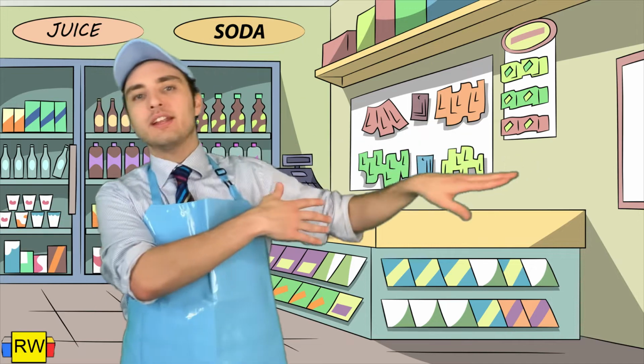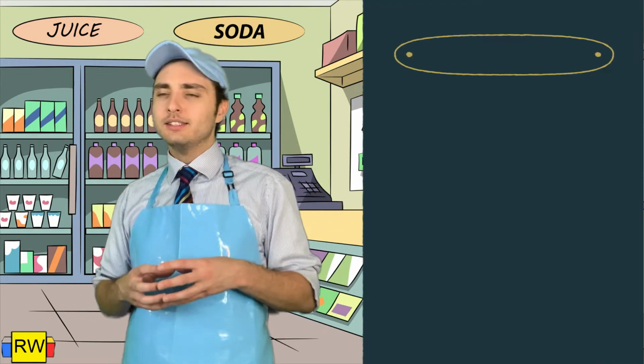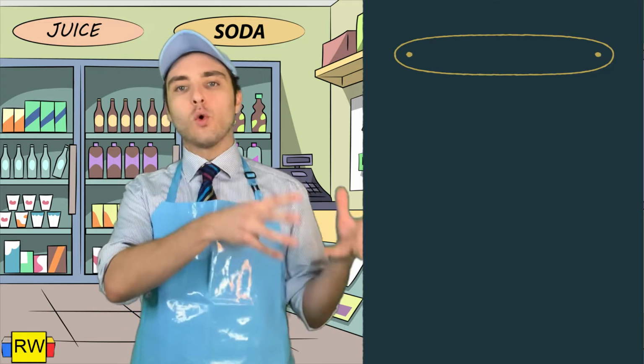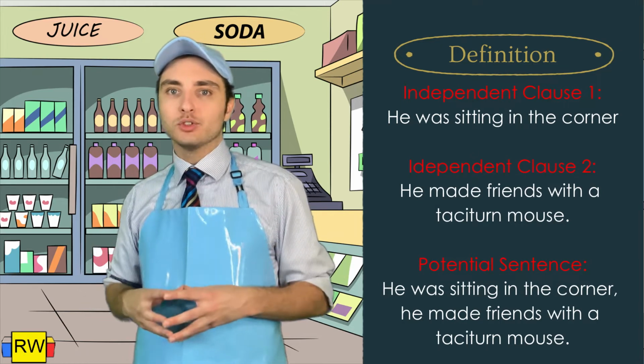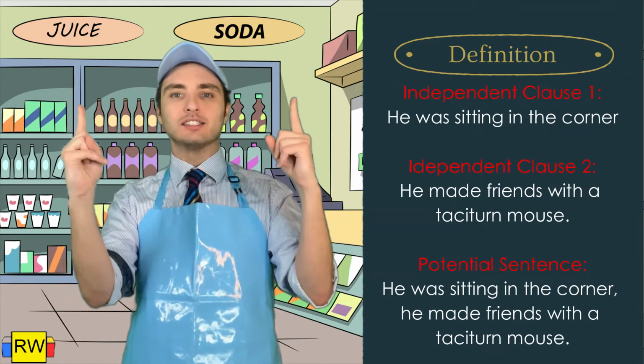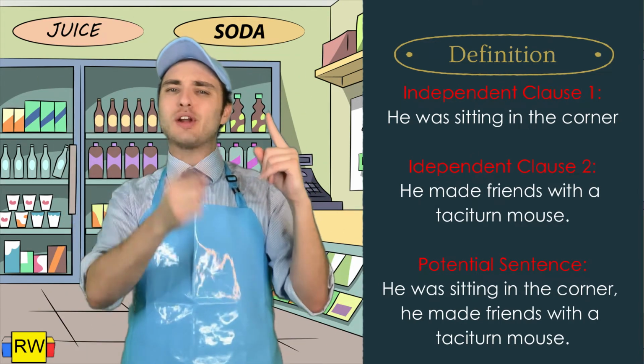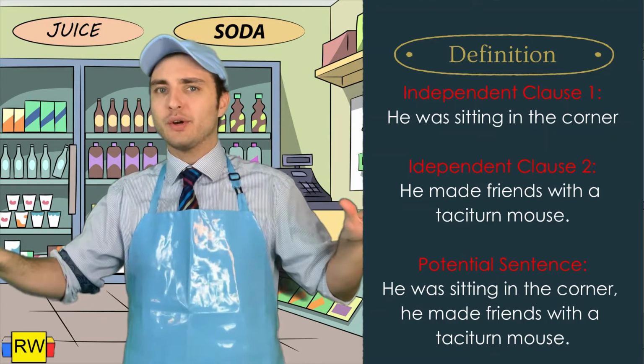Also, to break it down a little bit more, let's say that we had two independent clauses here. Let's take away that subordinating conjunction, while, for a second. Let's say we had, he was sitting in the corner. He made friends with a taciturn mouse. So we have two independent clauses, joined together with a comma, which we know doesn't work.